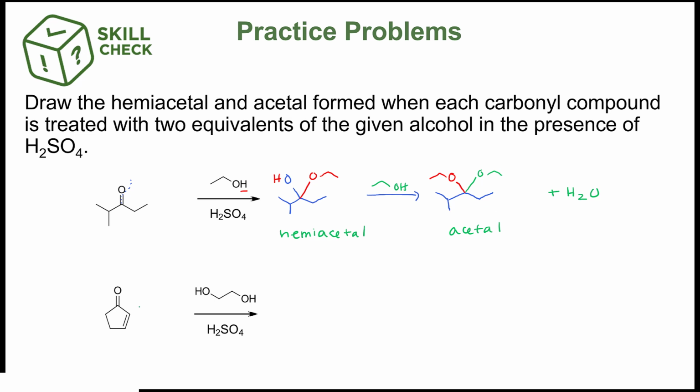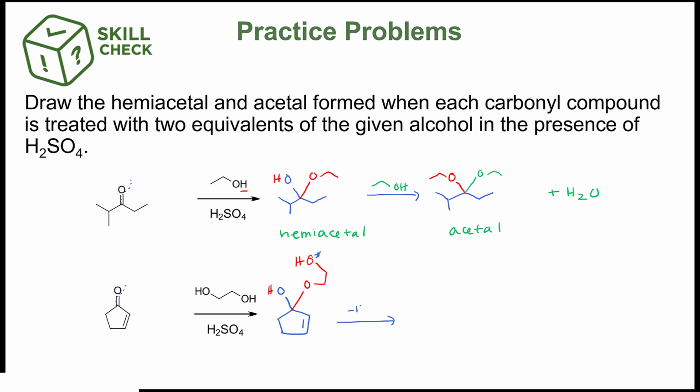When we do this with cyclopentenone, the same process. To do the hemiacetal, we're just going to do a snip here. But here, my alcohol is going to stay connected over here. I have this H, and instead of using a different alcohol, this one right here is going to come and kick off that OH.